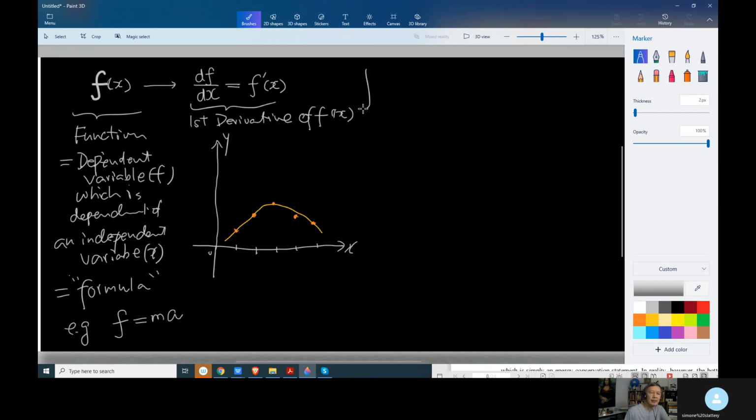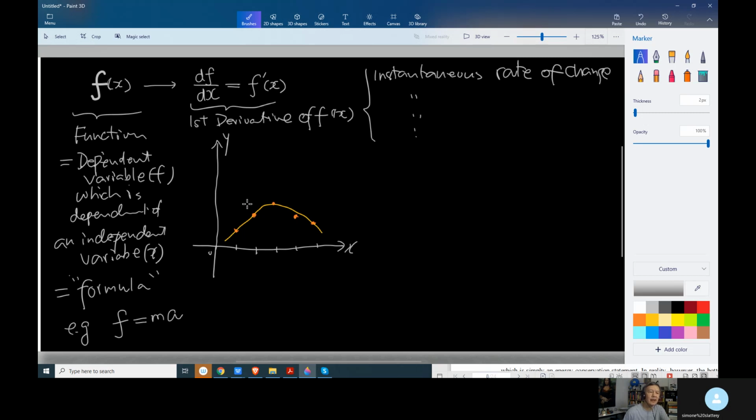That has many nicknames. First, the keyword is instantaneous. It could be instantaneous rate, the rate of change, right?